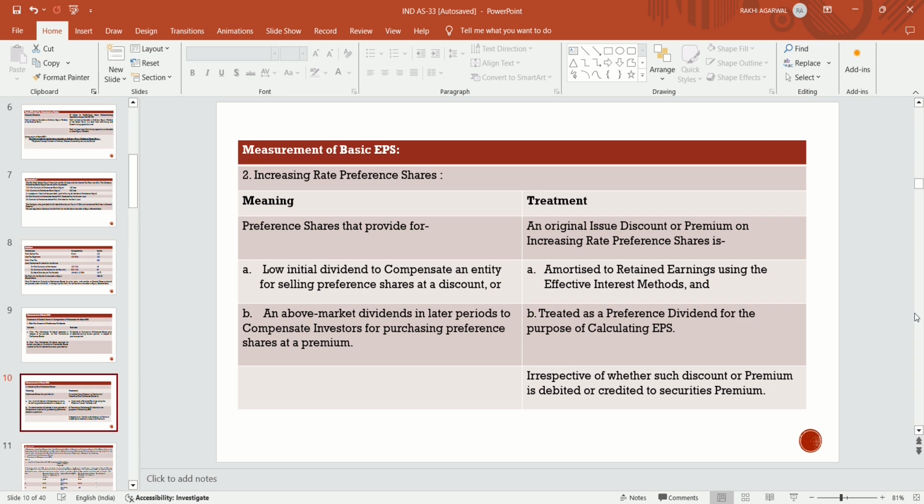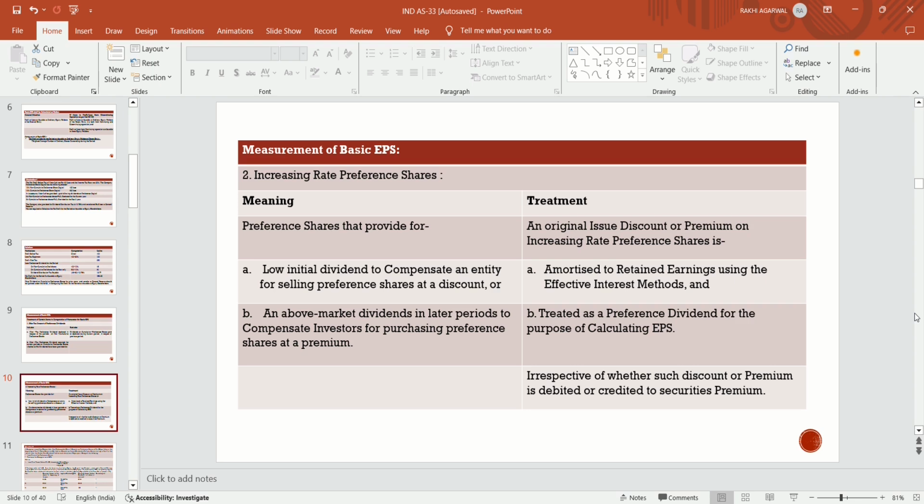At an above market dividend in the later period to compensate investors for purchasing preference shares at a premium. So after a certain period, an above market dividend in the later period to compensate the investor for purchasing preference shares at a premium. Now the treatment: an original issue discount or premium on increasing rate preference shares.